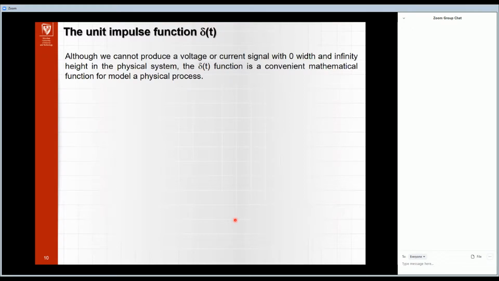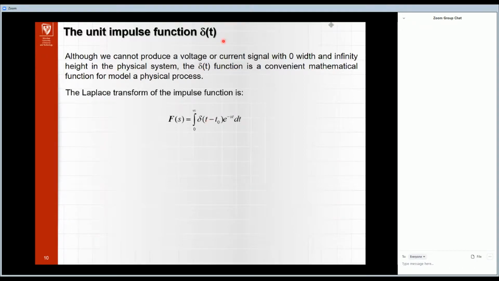Although we cannot produce a voltage or current signal with zero width and infinite height in a physical system, the delta function is a convenient mathematical function for modeling physical processes. Of course, it is not obvious, but I try to show it.